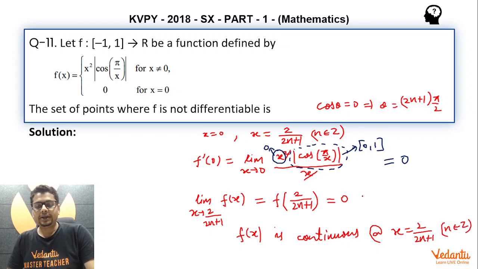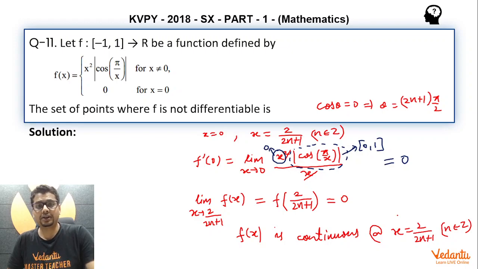Now to comment upon the left-hand derivative and right-hand derivative of f(x) at these values of x, given that f(x) is continuous at these values, we may directly consider the expressions in the neighborhood of these points x equal to 2 by 2n plus 1 and differentiate them.